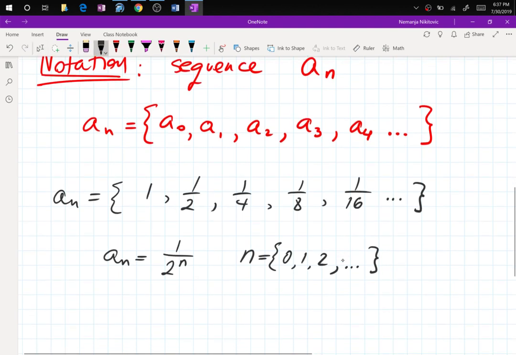Try it. 2 to the 0 is 1. 1 divided by 1 is 1. The next number: 2 to the 1 is 2. You get your 1/2. The next number: 2 squared is 4. You get your 1/4. And so on. So these numbers are carefully ordered through this set.